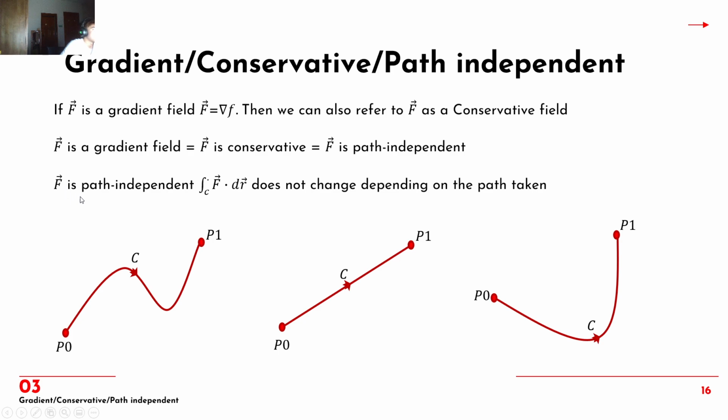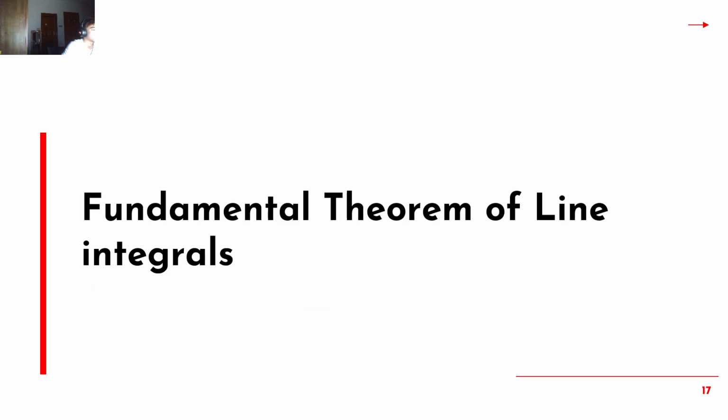When we do the integration of f dr, it does not change depending on the path taken. That means if it starts from p0 here, we do the curve to p1, or from p0 straight to p1, or from p0 do the curve up to p1. Of these three, it will not change because it's path independent.